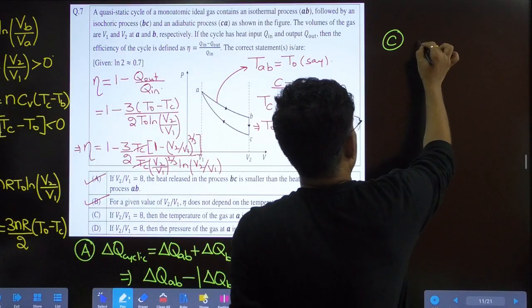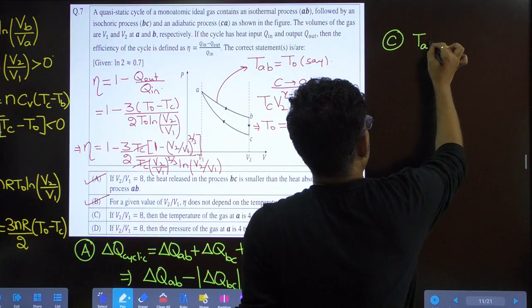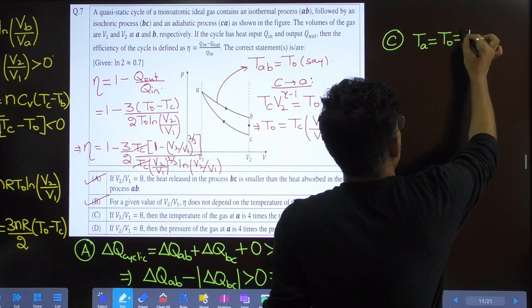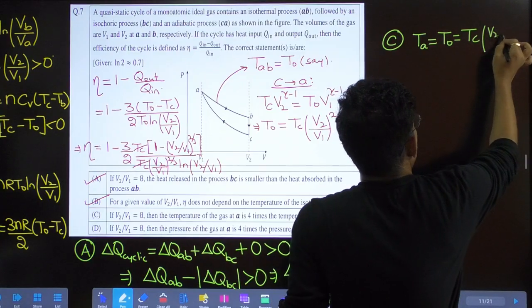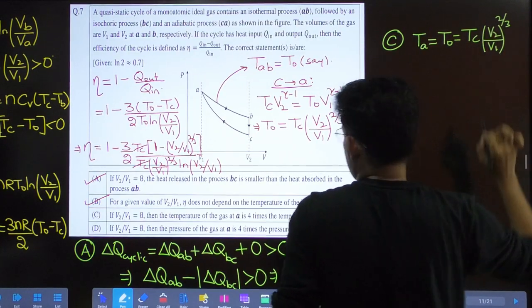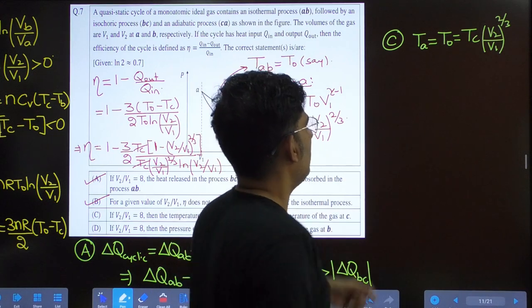So TA, which is T naught, we saw is equal to Tc (V2 by V1) to the power 2 by 3. Now they have given V2 by V1 is 8.